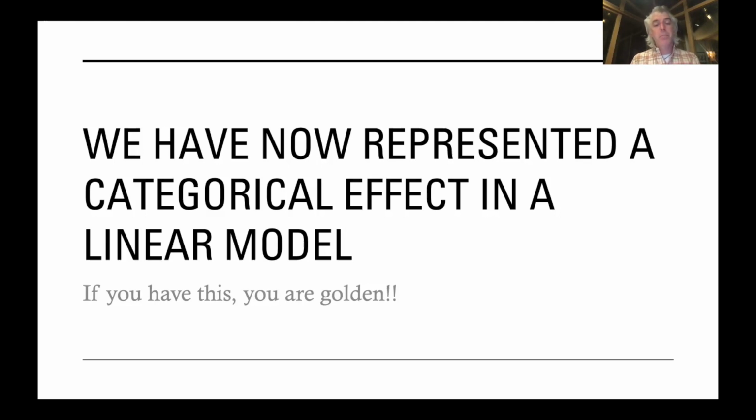But if you have this basic idea of how we can code categorical variables as being a series of yes/no questions, are you in this category or not, where our slope represents the effect of being in that category relative to some other reference category, then you're golden. Then you're well on your way to being able to understand how we might interpret a more complicated model that has more than 2 levels in a categorical predictor.